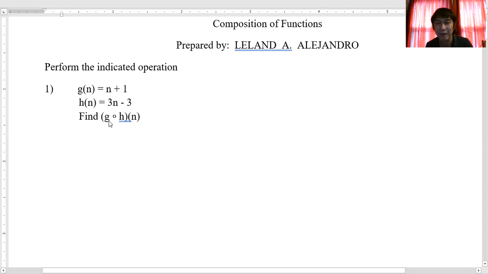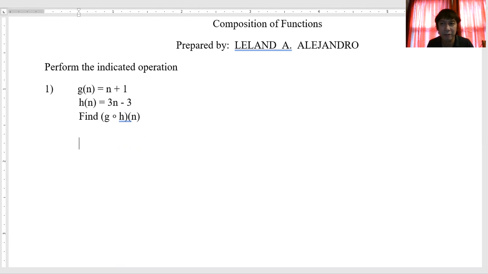Just for clarity, if you have three functions, the rightmost will be input to the middle, and then the middle will be input to the leftmost. Let's try to have some clear explanation first.